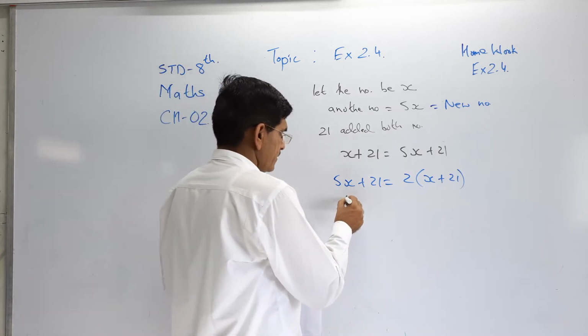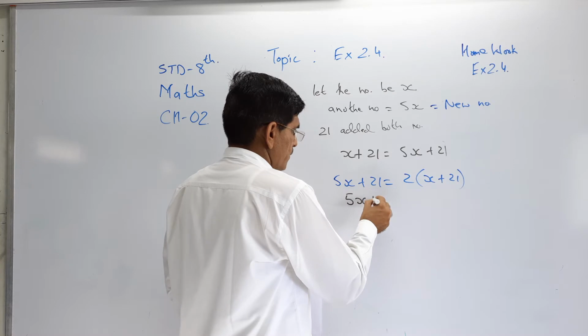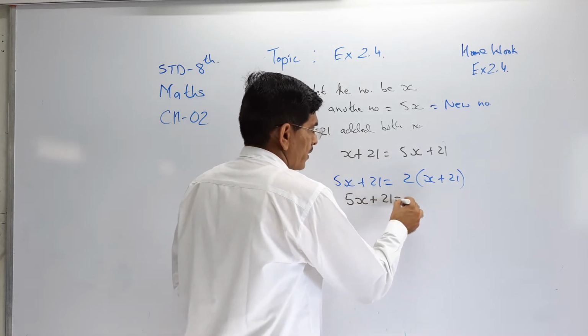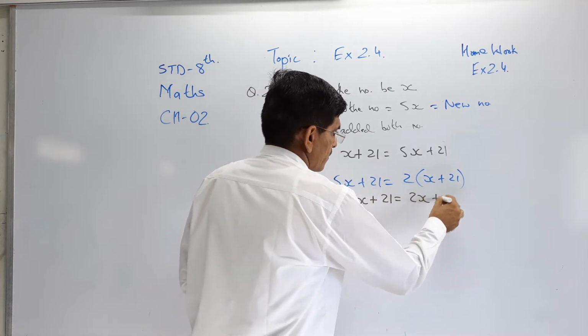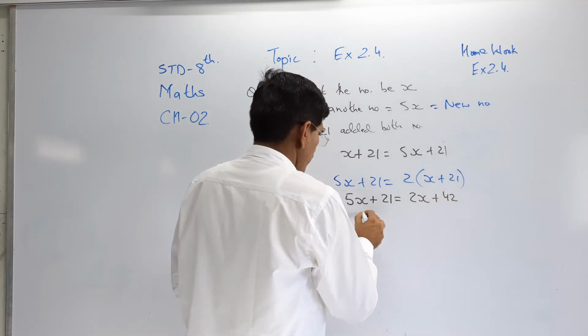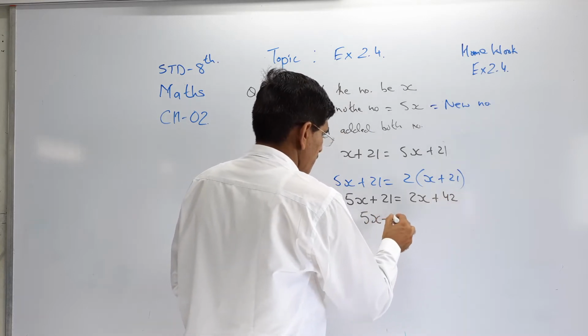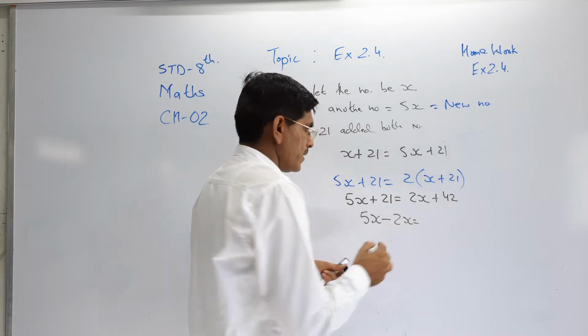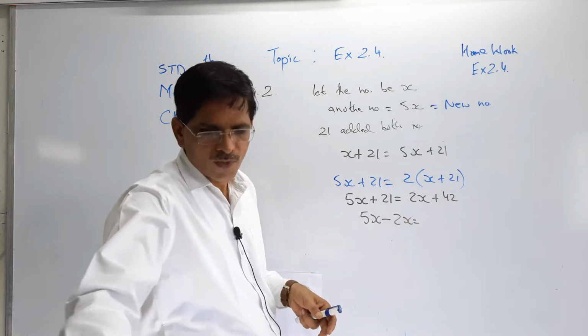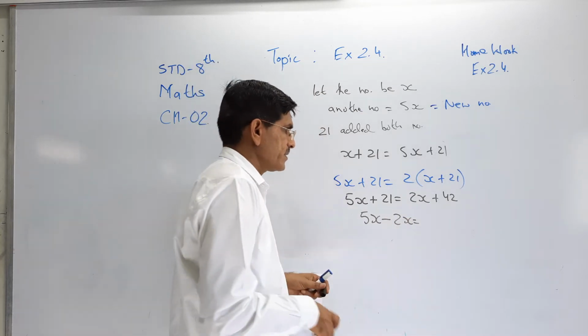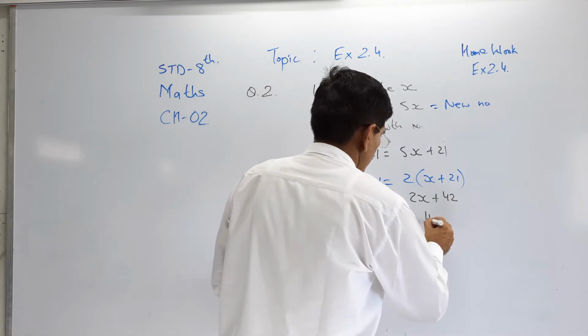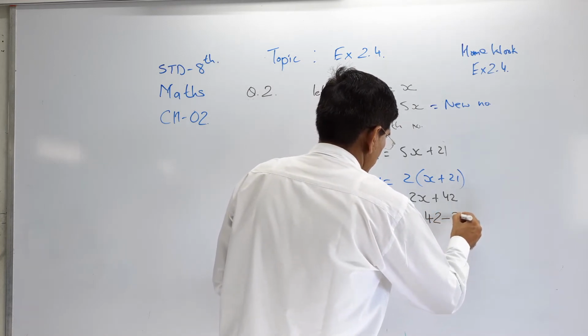So 5x plus 21 is equal to 2x plus 42. Now 5x minus 2x is equal to 42 minus 21.